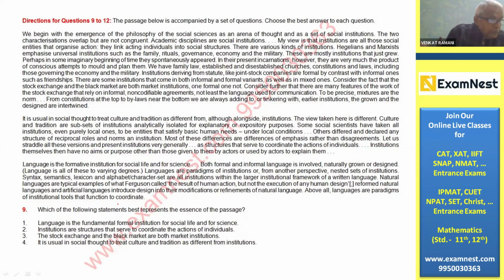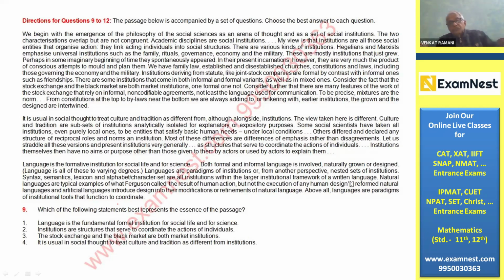And then he comes to language. He says language is the formative institution for social life and for science. And here you have both formal and informal language. Because language is one thing which connects all of us, right? Whether you talk about syntax, semantics, lexicon, that is vocabulary, alphabet, character set, they are all institutions within the larger institutional framework of a written language.